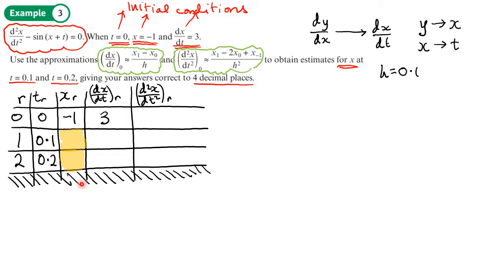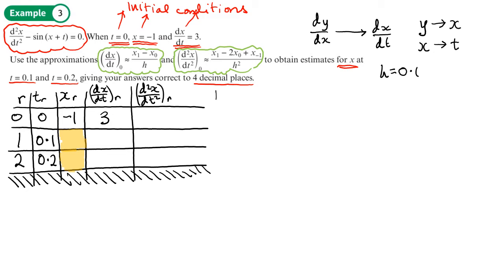Now we want to start to fill this in, and actually I can find x1 straight away by using this approximation here, because I know x0, that's -1, I know h, that's 0.1, and I know dx dt 0, the gradient initially, which is 3.